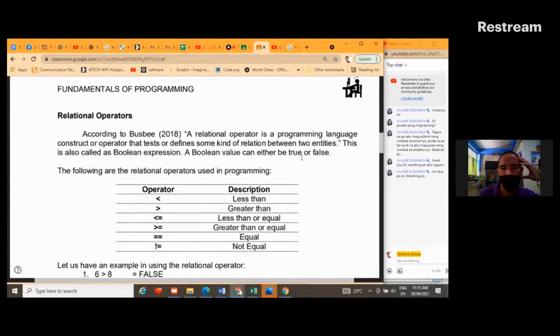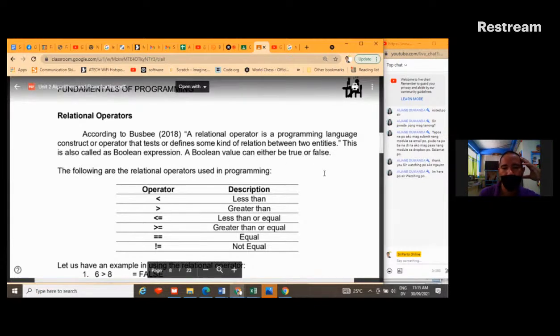A Boolean value can either be true or false. Remember, our computer's machine language uses the binary digit, the bit, so 1 and 0 are equivalent to true or false. 1 is true and 0 is false.